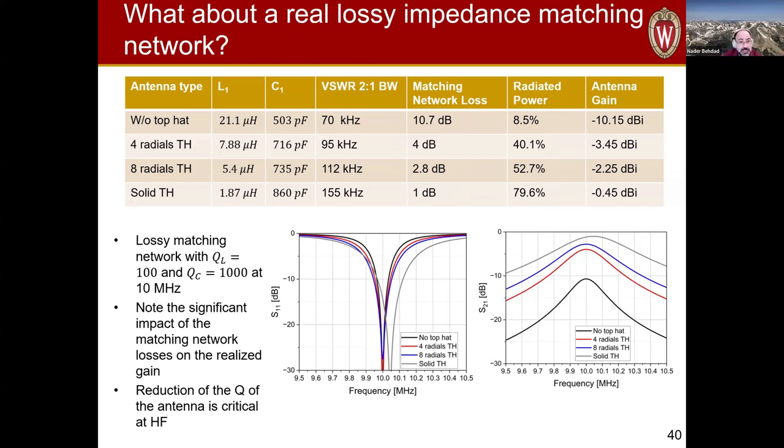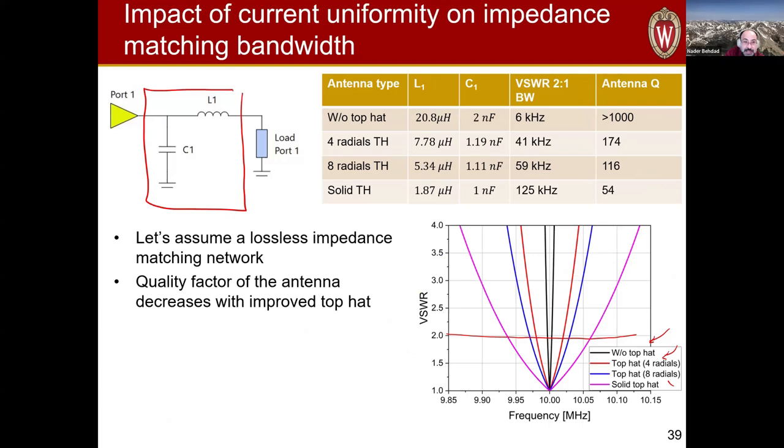Now, the other thing is that when you start thinking about realistic impedance matching networks for such an antenna, and you take into account the losses in your matching network, then you'll see that the effect of the quality factor of your antenna becomes even more important. So for example, in the same 4 cases that we examined before, this was our impedance matching network that was lossless.